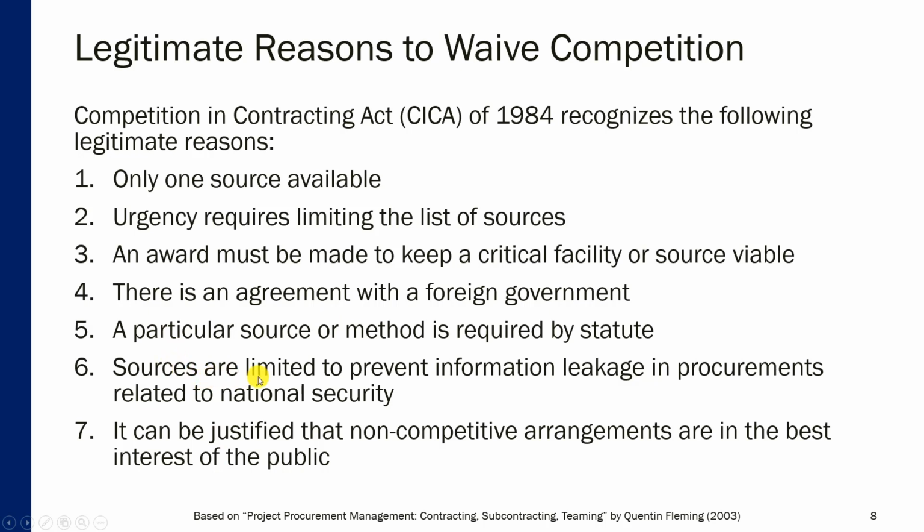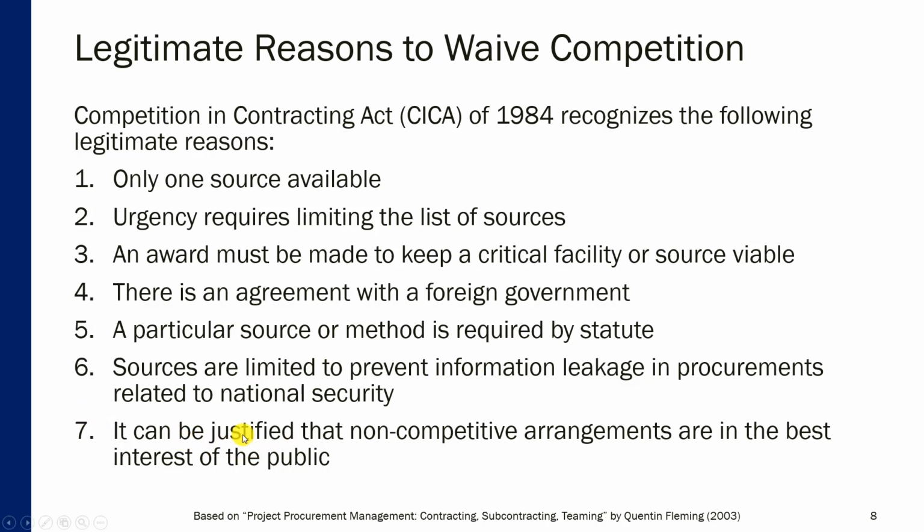Sometimes sources are artificially limited to prevent information leakage in procurements related to national security. So in that case, there will be no competition. Let's say a government branch will sign an NDA, a non-disclosure agreement, with a particular trusted seller, and they will work with them directly to minimize the chances of the information about this project being leaked to the general public.